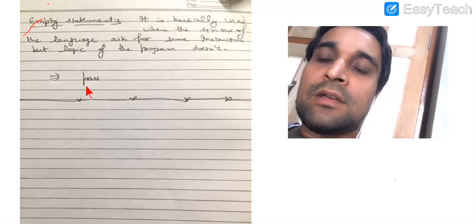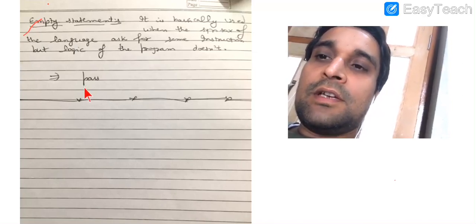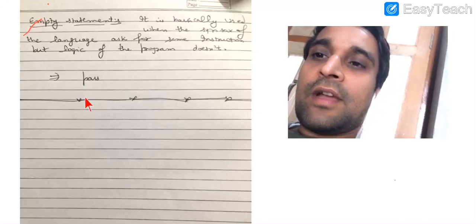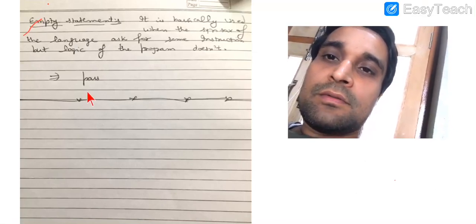In that case you can use the empty statement, that is pass, available in Python. Pass is basically used when your syntax says we need some instruction, but your logic says no instruction is needed. Pass is also a keyword in Python. It means you cannot name any identifier with the name pass.